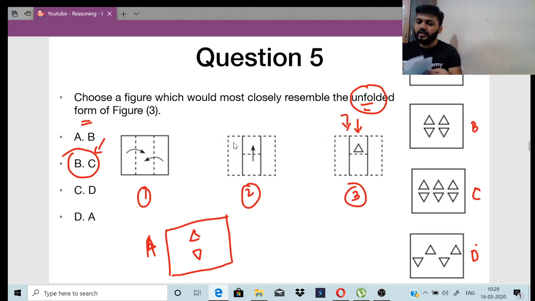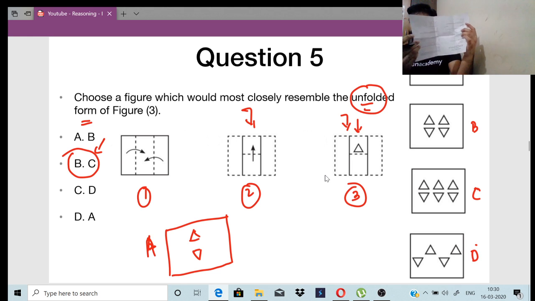So this is how the paper is. I'm folding it like this, one fold, so I got the second one, then I am folding it like this, so this is the third fold. In the third fold I have a triangle here, so I will have both the triangles here, and both the triangles here, so there will be 1, 2, 3, 4, 5 and 6, 6 triangles.